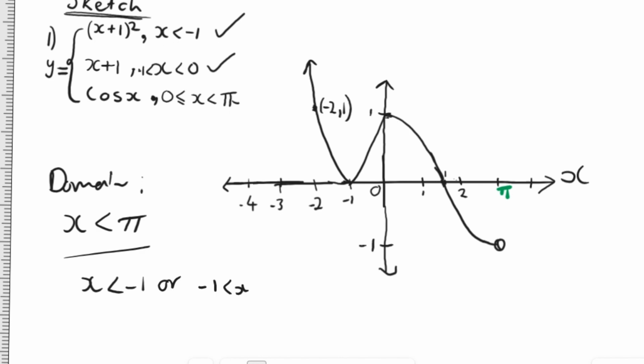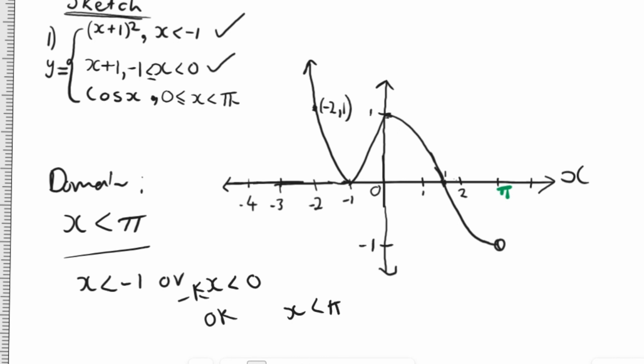You say x is less than minus 1, or x must be between minus 1, including the minus 1, and 0, or x must be between 0 and pi, and you must include 0 for the other one.